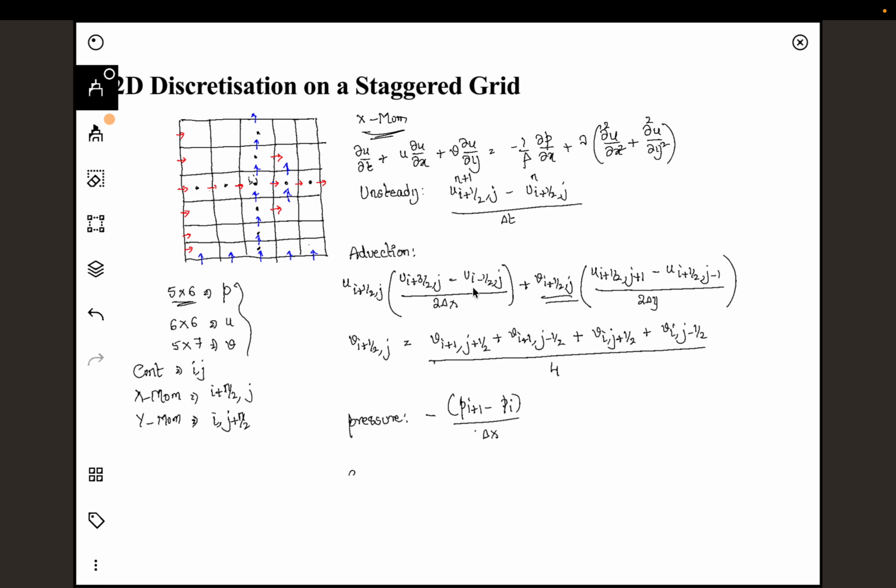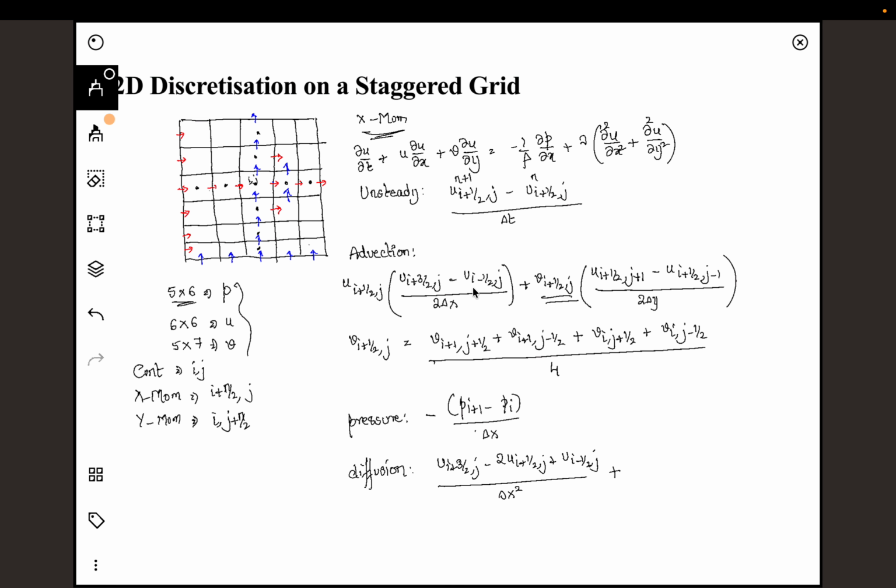And then we have the diffusion term, which is straightforward as before. Del squared u del x squared. So we are doing it at this point. So you have to use this, and these 3 values. So that will give me u i plus half, i plus 3 by 2 comma j, minus 2 u i plus half comma j, plus u i minus half comma j, by delta x squared, plus along the y direction we'll be using again our central differencing.